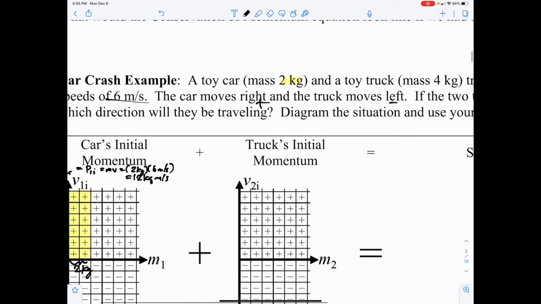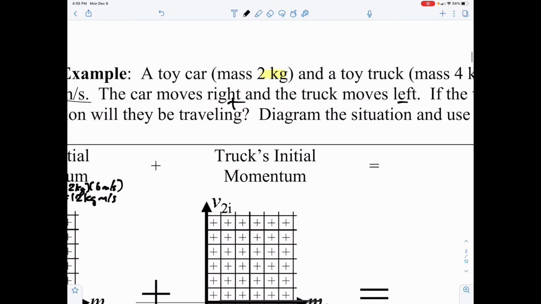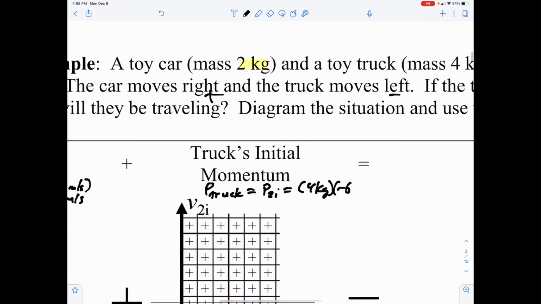Now the truck, let's calculate the momentum of it. The momentum of the truck would be P2 initial, momentum of object 2, initial means before collision. And again, it's also mv, but that one's going to be 4 kilograms moving negative 6 meters per second. It's moving to the left in the negative direction.